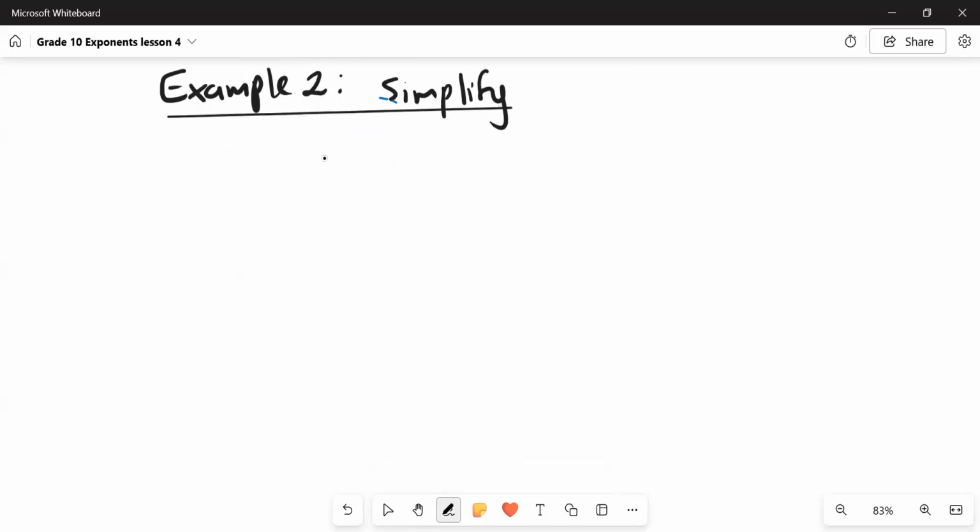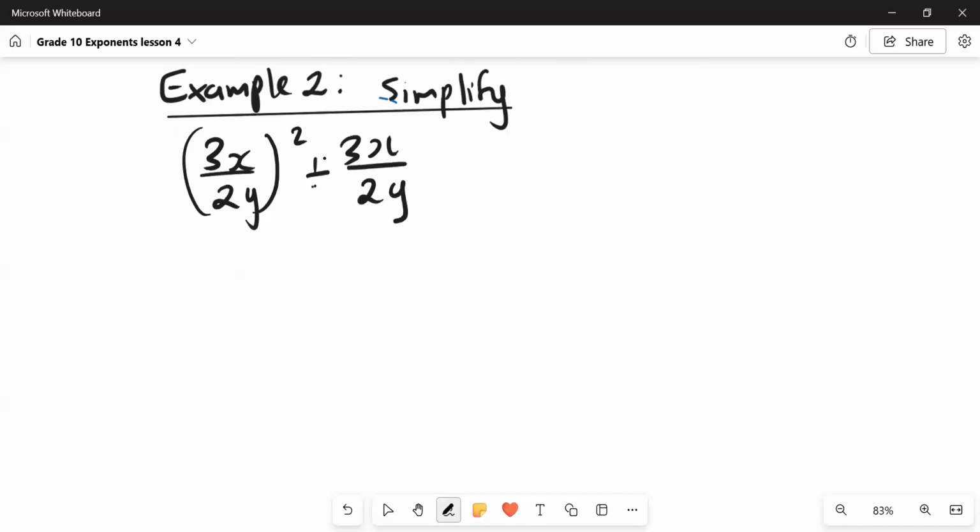For example 2, they're giving us 3x over 2y all squared, divided by 3x over 2y. The first step, we apply law number 5. Get rid of the bracket by distributing, right?